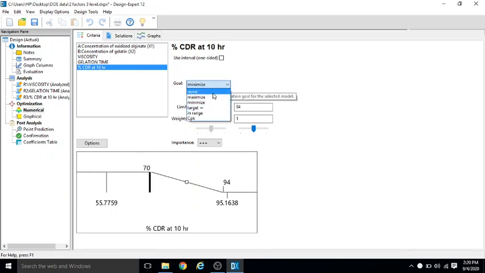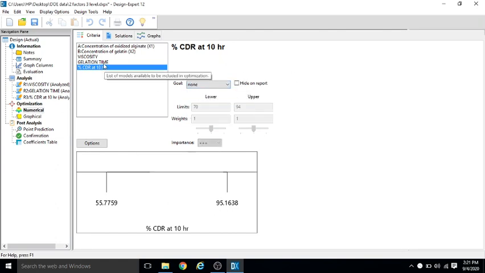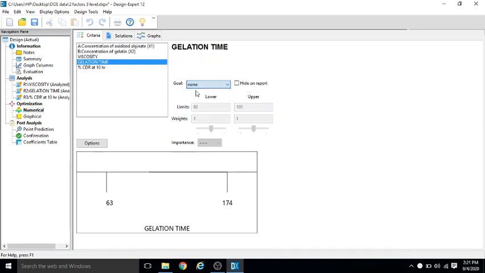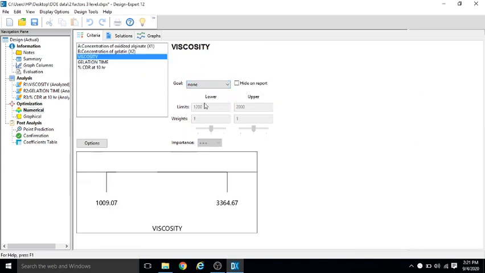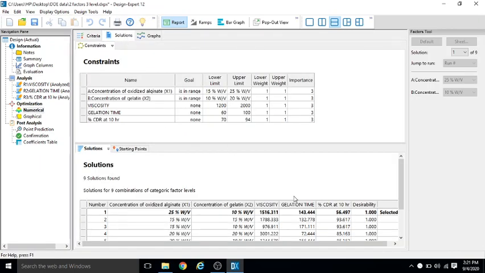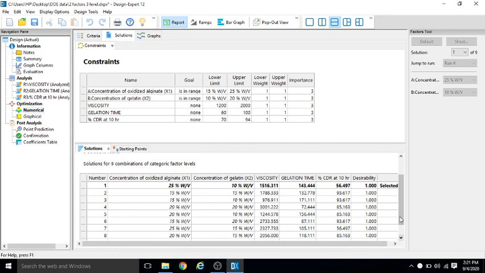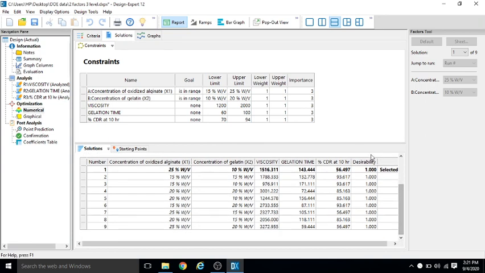So I think we should select nothing. Let us see what happens here, and click on the solution, right? Okay, so when you are not selecting anything, everything has desirability of 1.